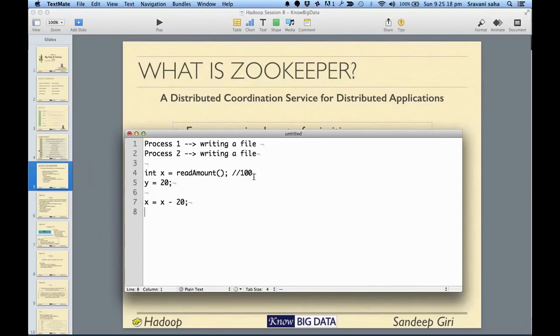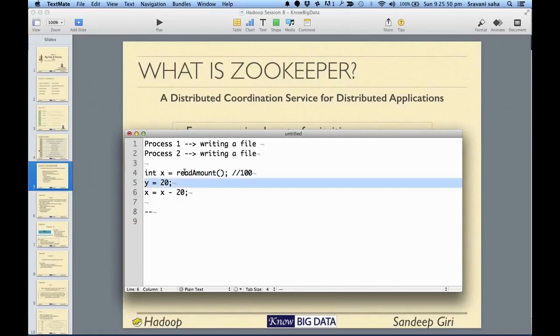Now you were very clever. What you did was you were in a room where there were two ATM machines. You inserted your ATM card in the parallel machine after logging into one machine where the amount was 100. Similarly, in the parallel machine, you withdrew 20 rupees. So now at the end of it, when you withdrew from the second machine, the amount got reduced to 80.